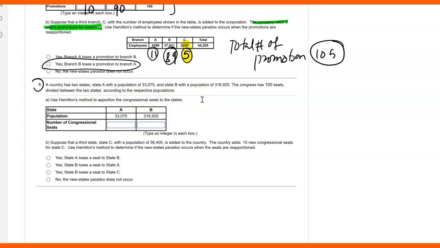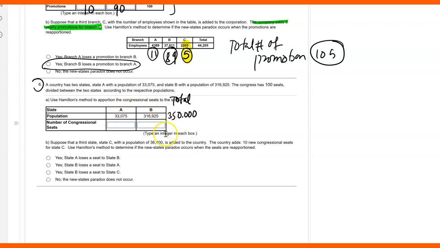Remember that in the Hamilton method, you use the standard divisor. You need the total population. There is no total population given, but you can add the A and B populations. The total population is 350,000. Now find the standard divisor and do the Hamilton as we did before.